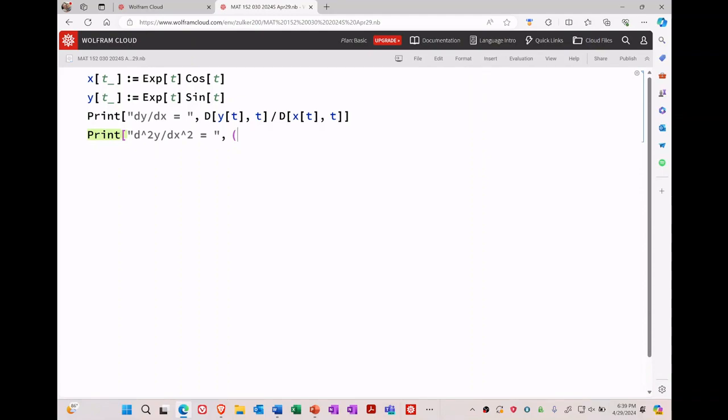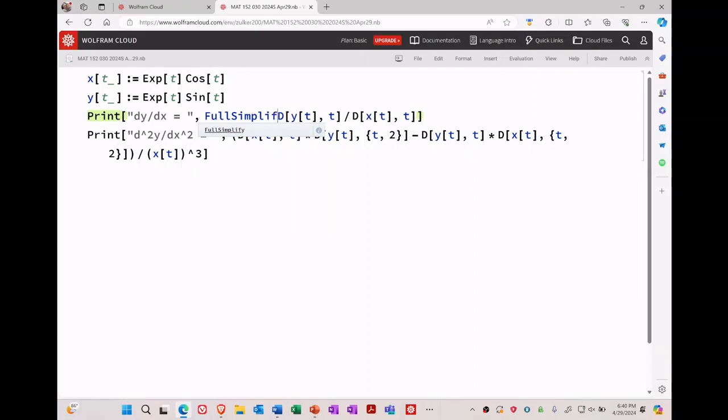Okay, this one's going to be x dot times second derivative of y minus y times second derivative of x over x dot cubed, and I already know there's going to be a problem.